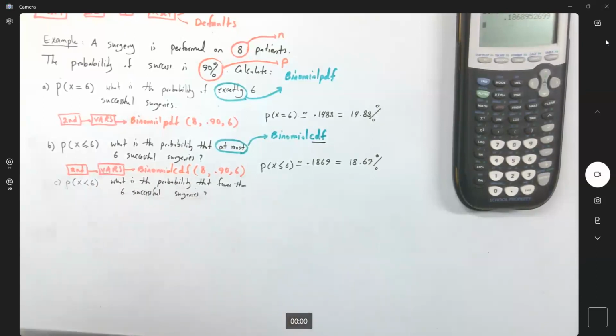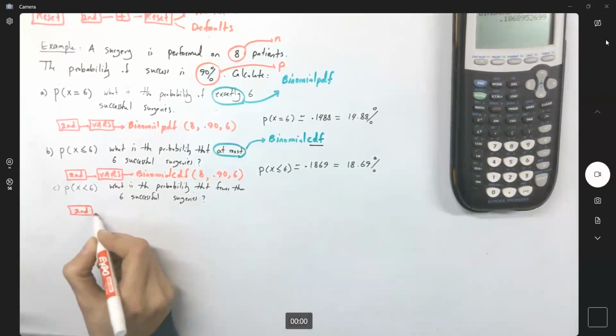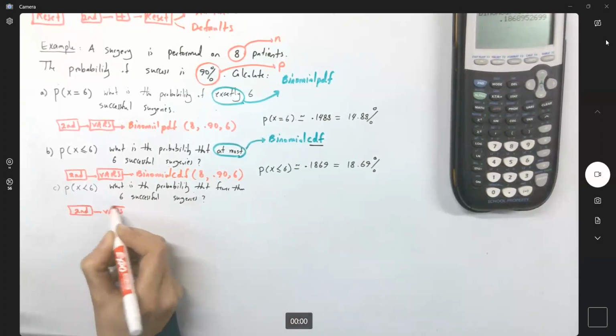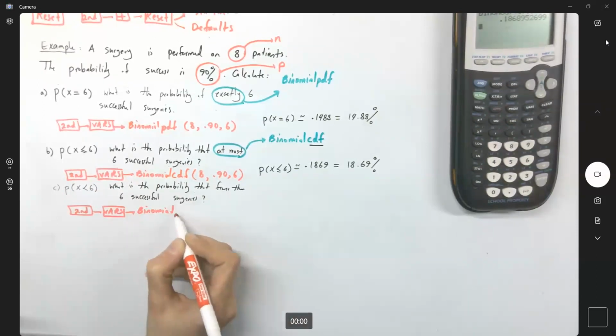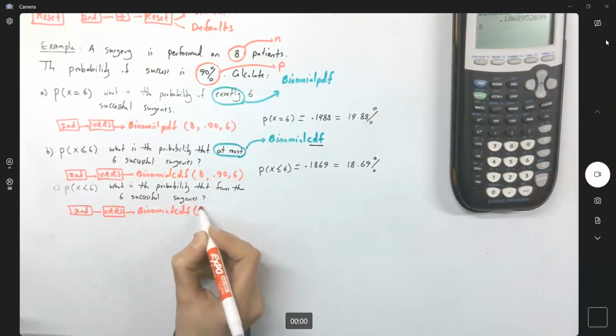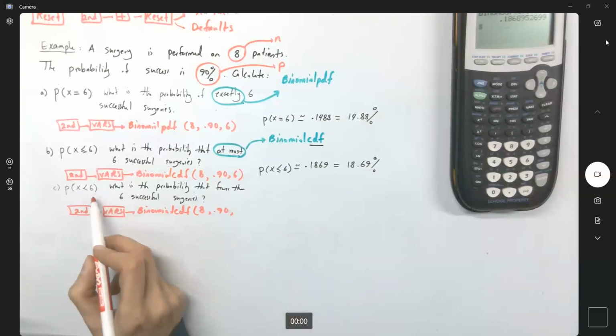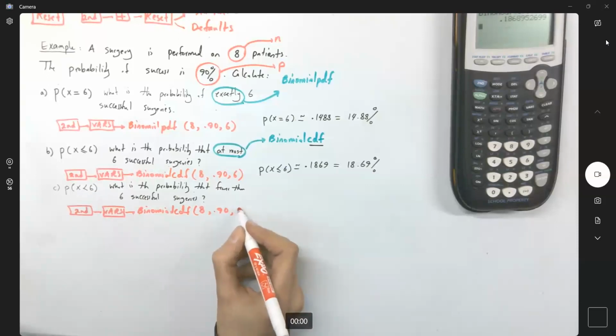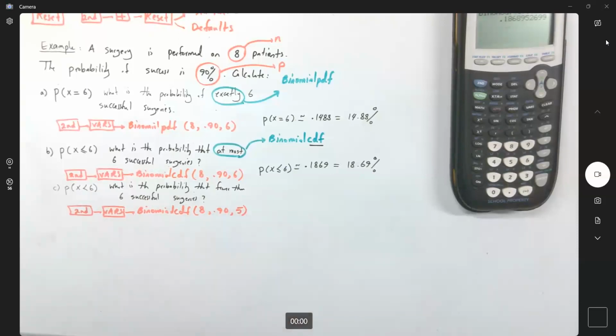Second vars, binomial CDF, 8, 0.90, and now remember 6 is not included, so 6 minus 1 or 5.